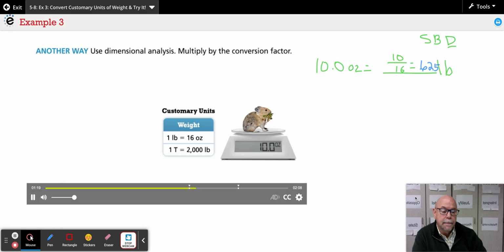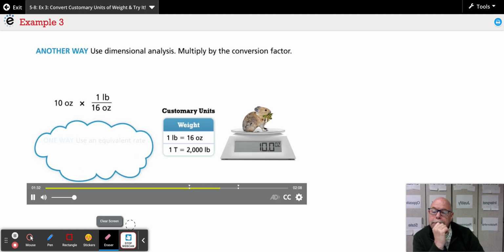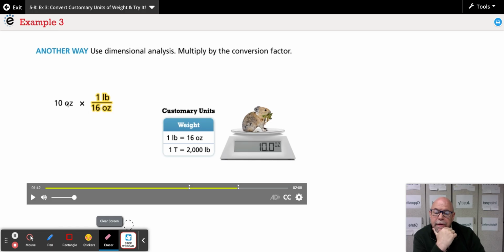Another way to convert ounces to pounds is to use dimensional analysis. Multiply the weight of the pika in ounces by the conversion factor, which is 1 pound divided by 16 ounces. Notice that the conversion factor is the reciprocal of the fraction that we used to solve the problem earlier. Why is this form of the conversion factor useful? This is useful because of the ounces here and ounces there. They actually wind up canceling out.